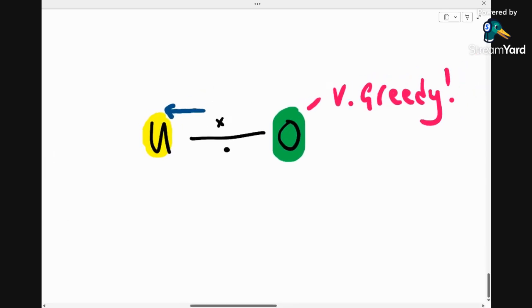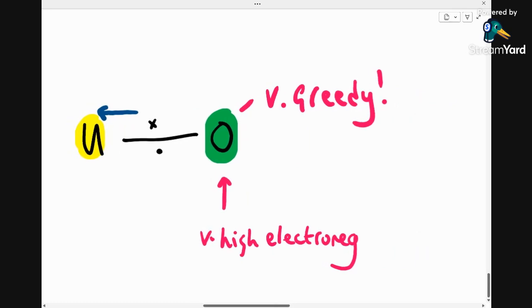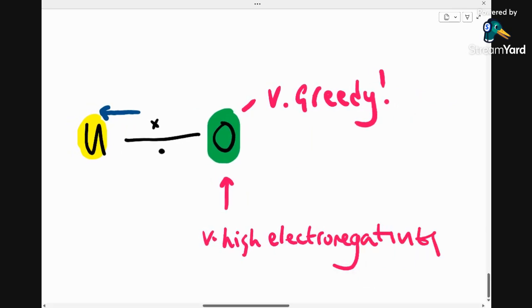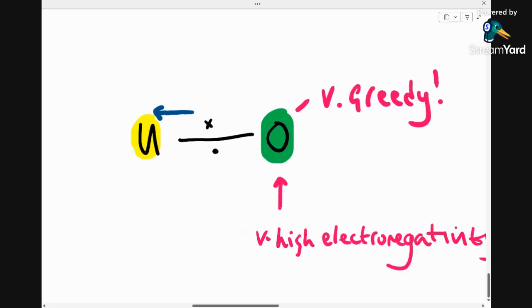And because oxygen here has a very high electronegativity value compared to hydrogen, so very high electronegativity, and hydrogen is relatively very low, that means the shared pair of electrons is going to be pulled with greater force, which I'll represent by a fatter arrow, towards the oxygen, like so.